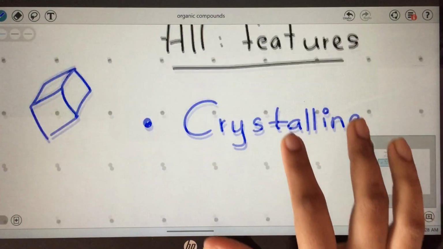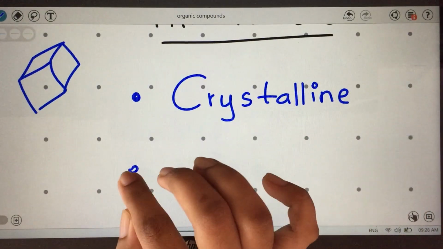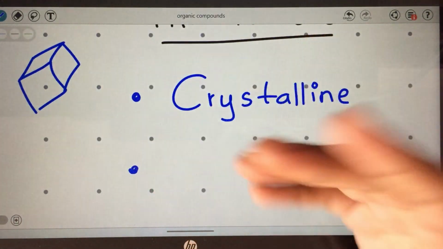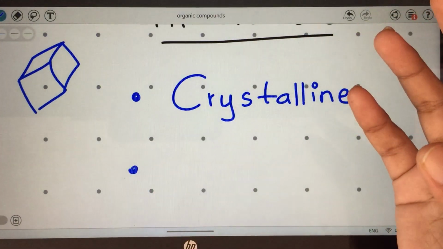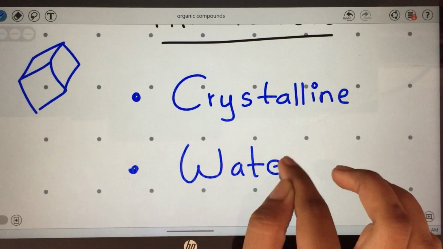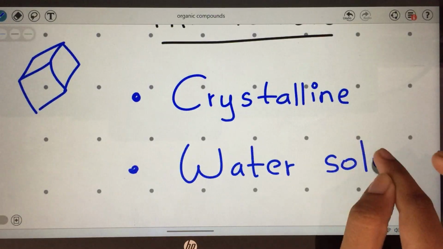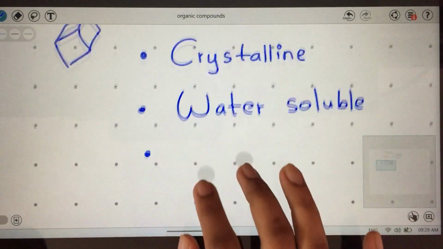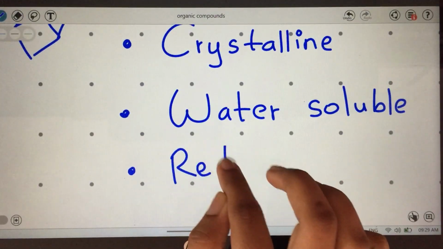And then after crystalline, you can say they are water soluble. Why? You are going to add the sugar to water and mix it, and that's how you make tea. No, why? Because sugar is going to dissolve in water, so they are water soluble. And also you can say something called reducing sugars.